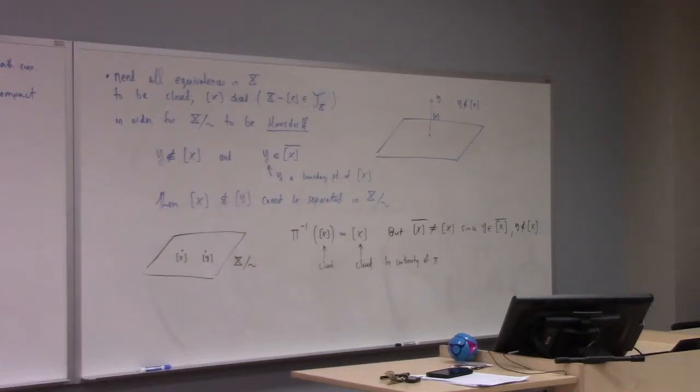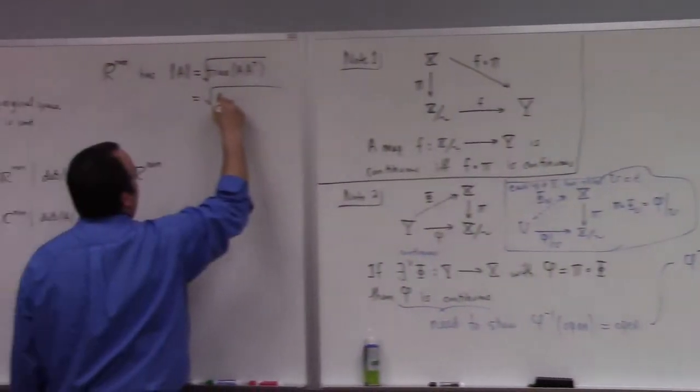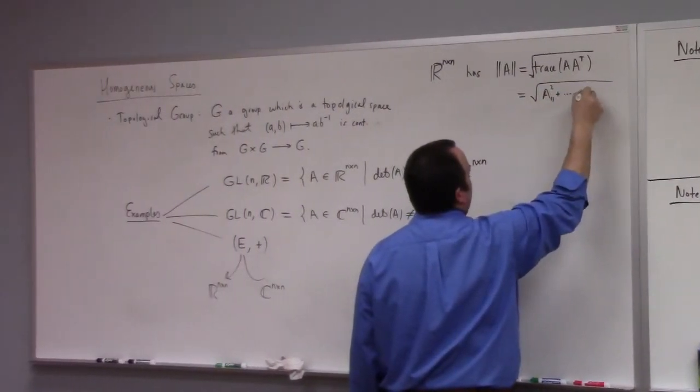So we could say R n by n has the Euclidean topology. What's the norm? How about this? It's the square root of the trace of A transpose A. This is just a very elegant way of writing out the square root of A11 squared plus ... plus A_nn squared.